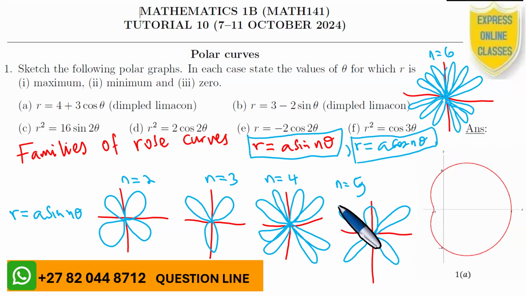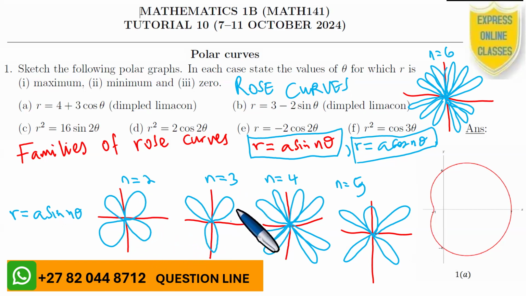Just looking at some of the curves, we call them rose curves. Take a look at the rose curves and make sure that you understand them. If n is 2, you have 2, 2.